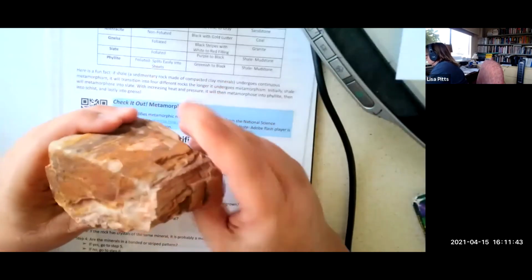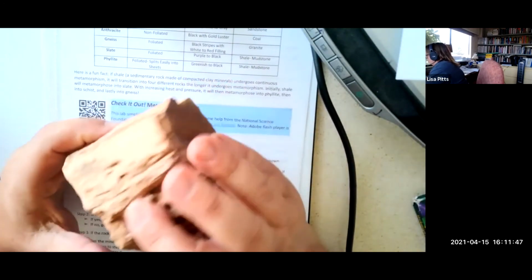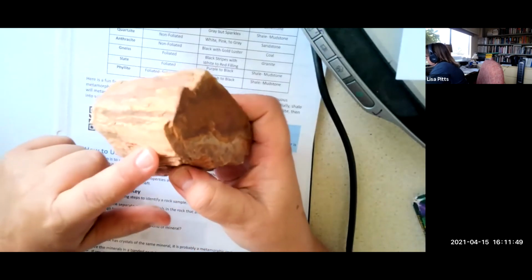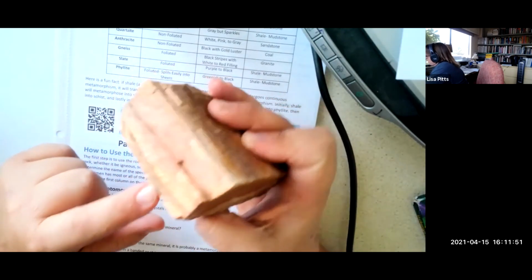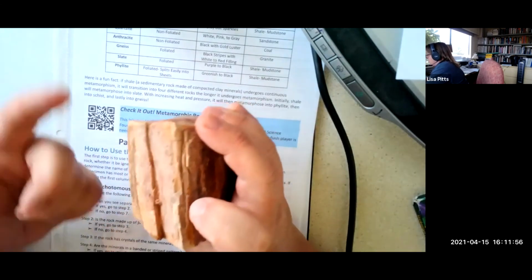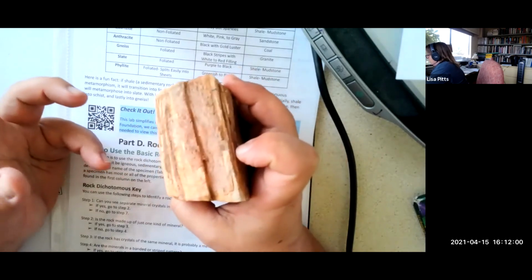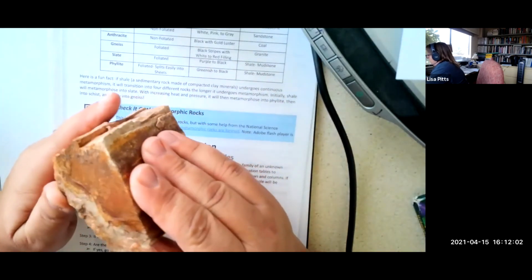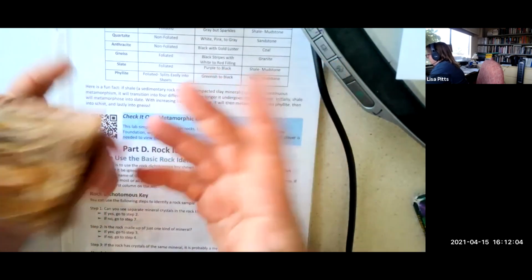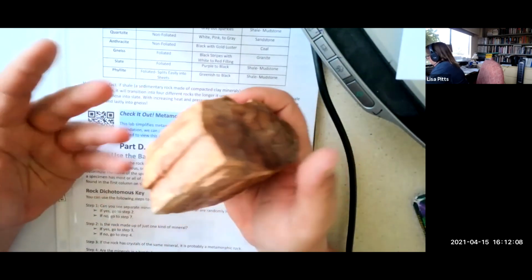I look at this and I don't see any real crystals. It does look sedimentary. Here's some banding in here. So it's either going to be sedimentary or a metamorphic rock. It's definitely not igneous. It doesn't have a glassy texture.